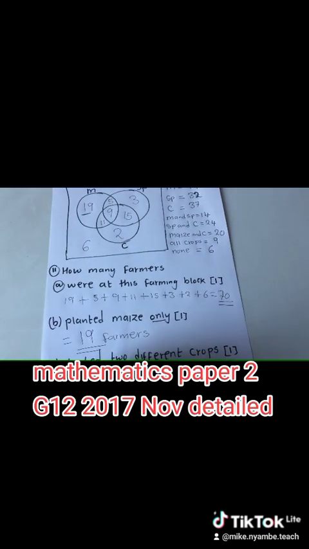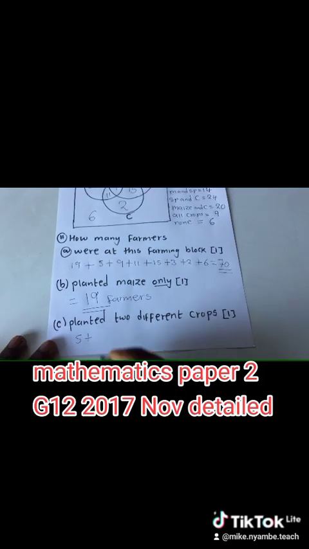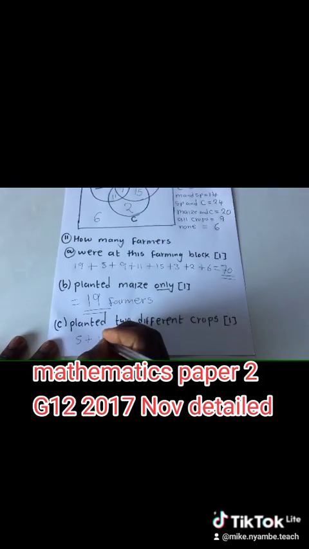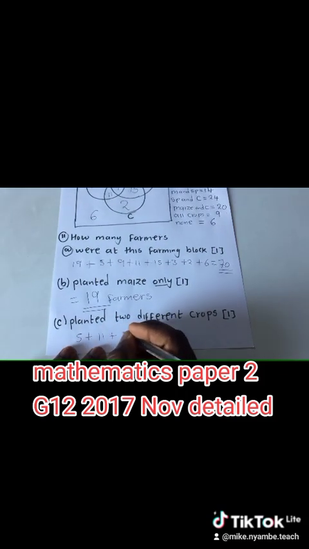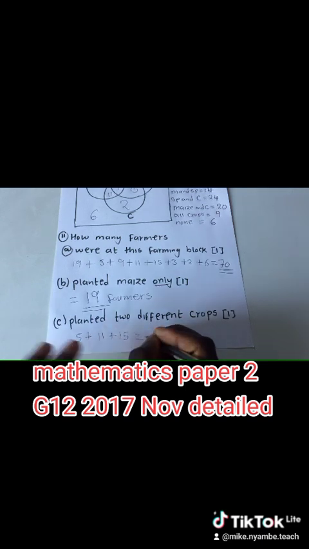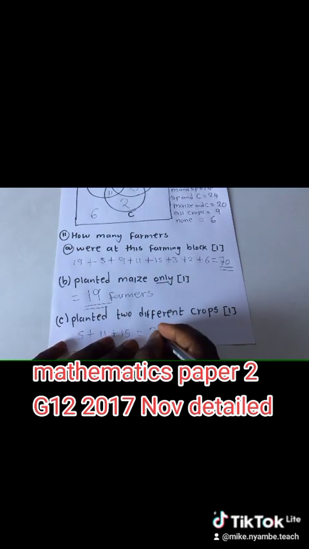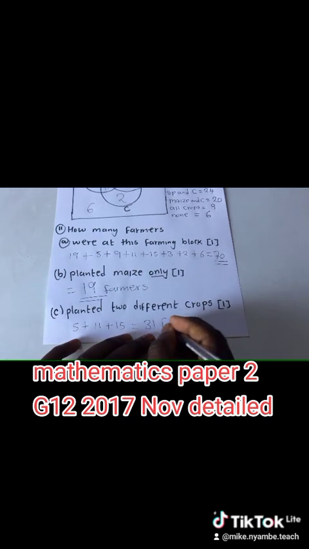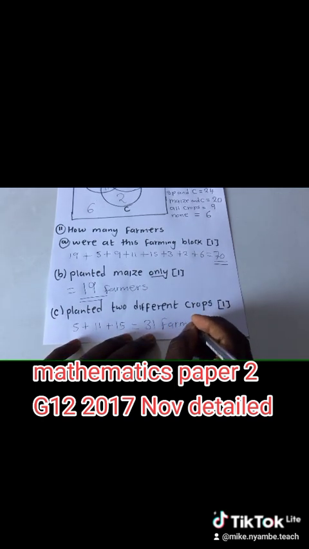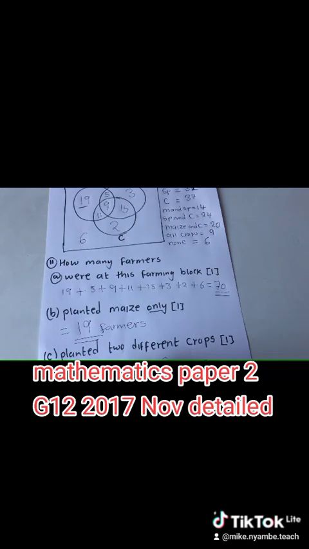You say 5 plus 11 plus 15. You get 31. So there were 31 farmers. Just like this. You get your 5 marks.